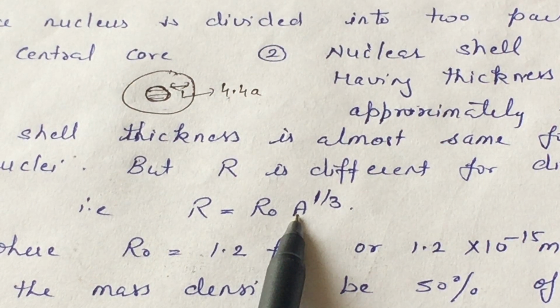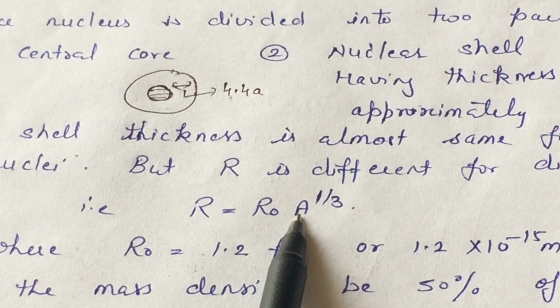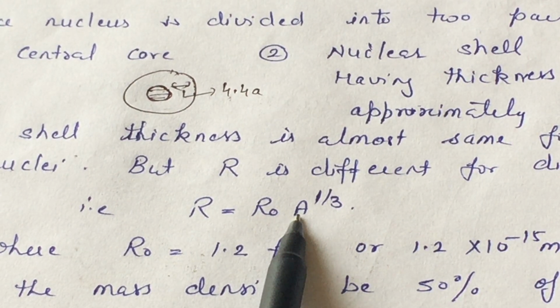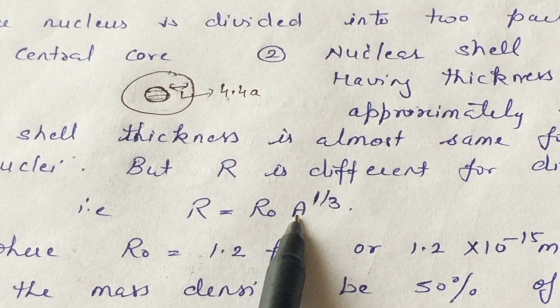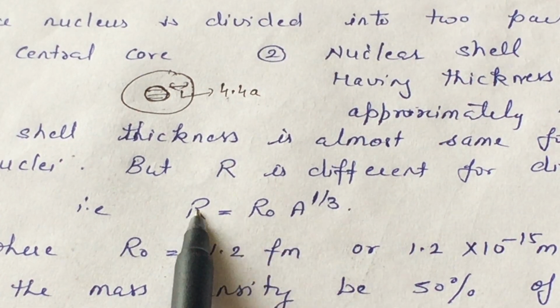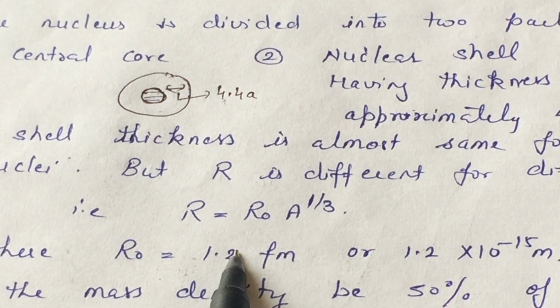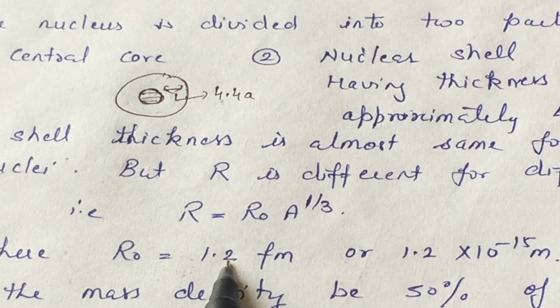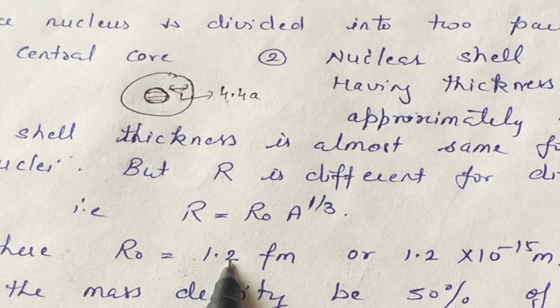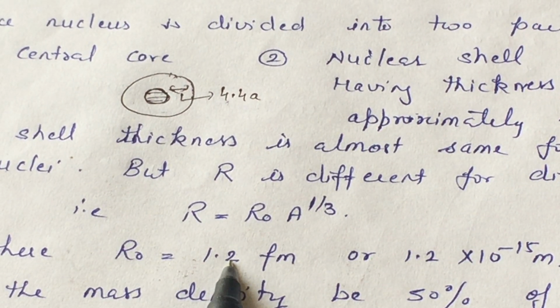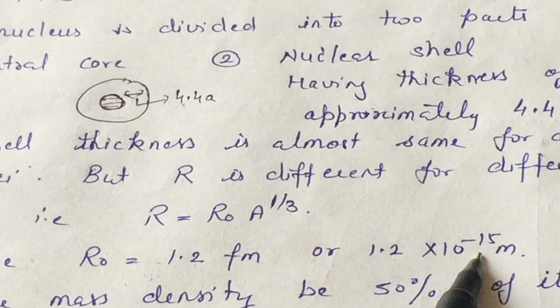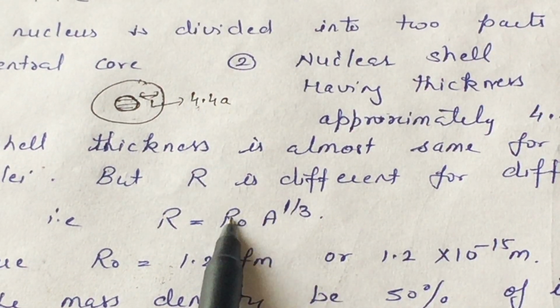A represents the atomic mass number, which is the number of neutrons plus protons. R naught is a constant having value 1.2 Fermi meter. It can vary from 1.2 to 1.5 Fermi meter, that is 10 raised to power minus 15 meter.